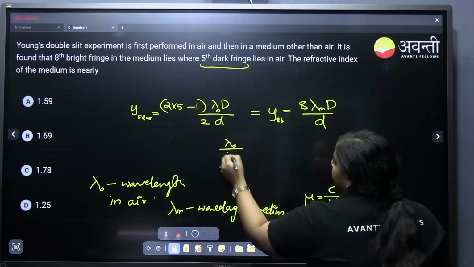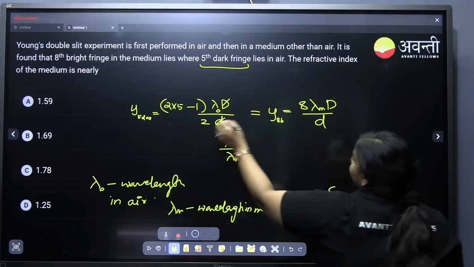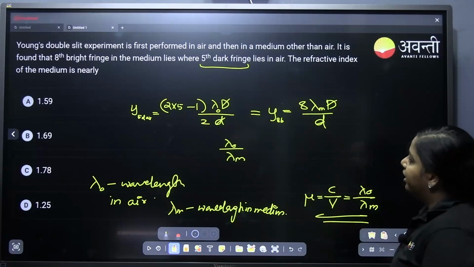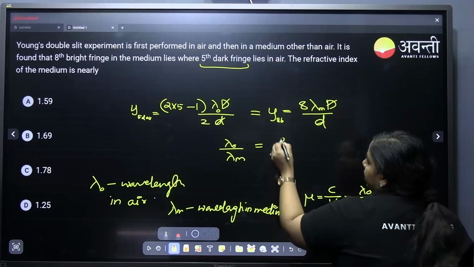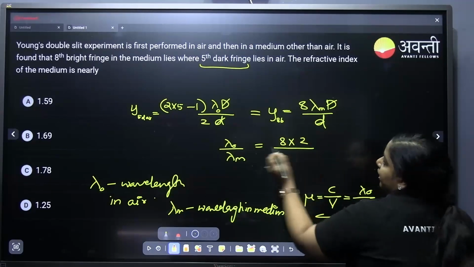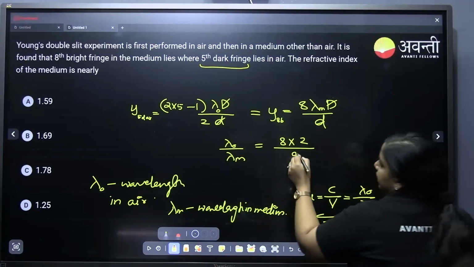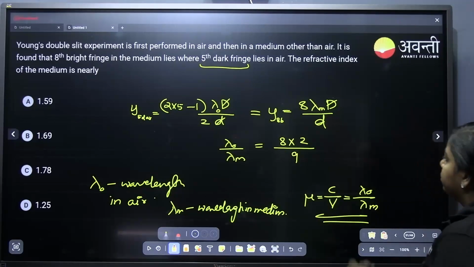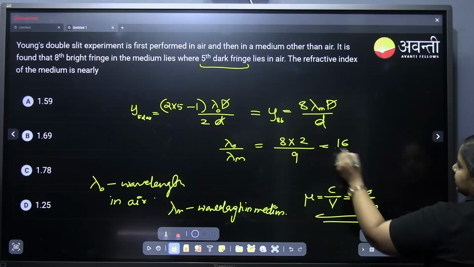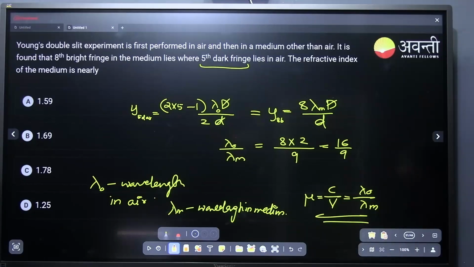Here only D and d will get cancelled. You will have 8 into 2 divided by 2 into 5 minus 1, that is 9. So this is equal to 16 by 9, and when you solve it you will get the answer.